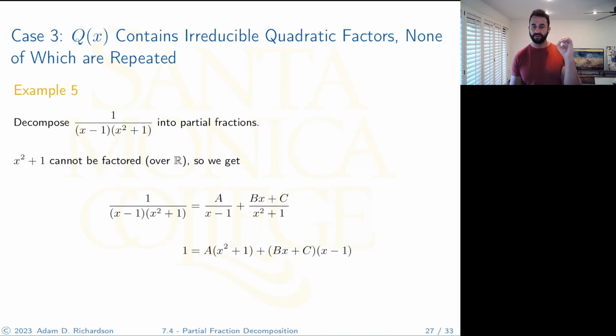Constant terms are degree 0, linear terms are degree 1, quadratic terms are degree 2. So it's literally 0 over 1 versus 1 over 2. So anytime you have an irreducible quadratic factor that pops up, you're going to end up with a partial fraction that has a linear numerator because the degree is 1 less.